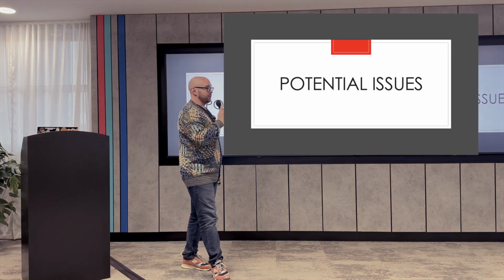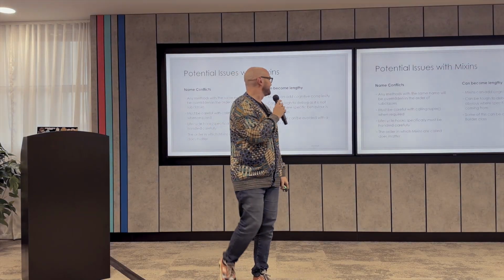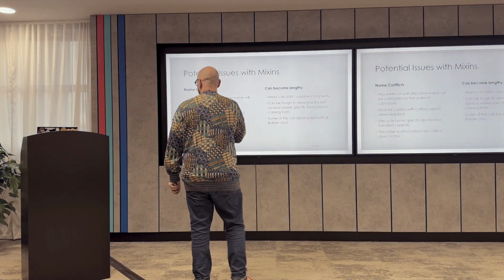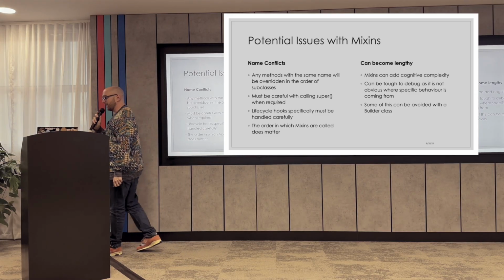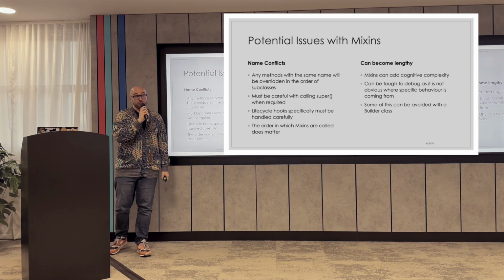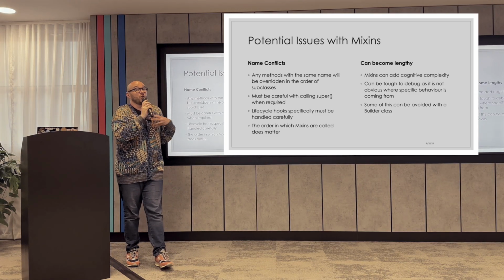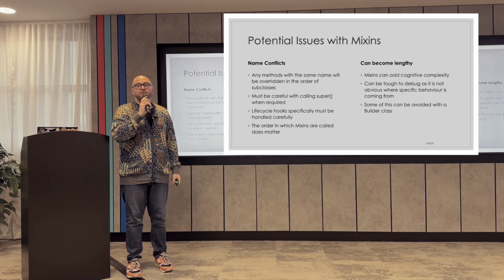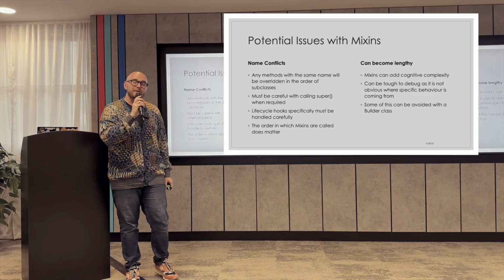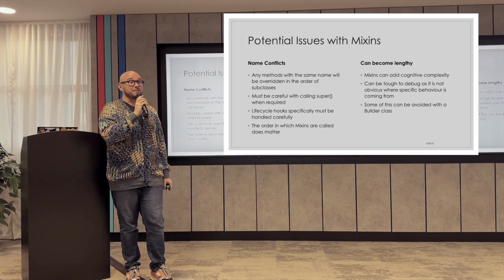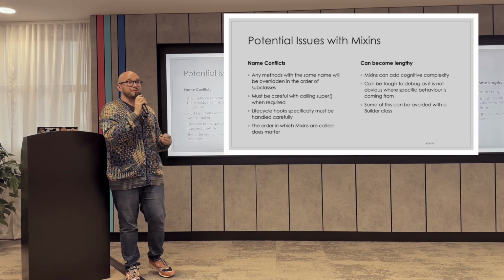Potential issues, and there are many. The first one is name conflicts. Because in JavaScript you do not need the override keyword or the virtual abstract keyword in order to actually override something, if you create a lot of mixins and you are careless about naming things, they will override each other.